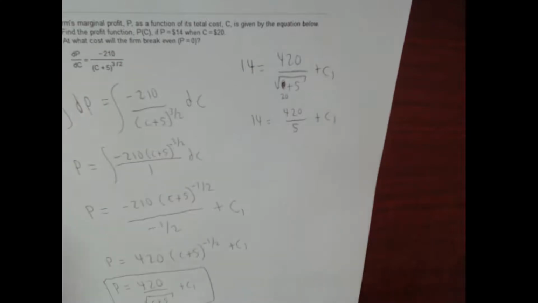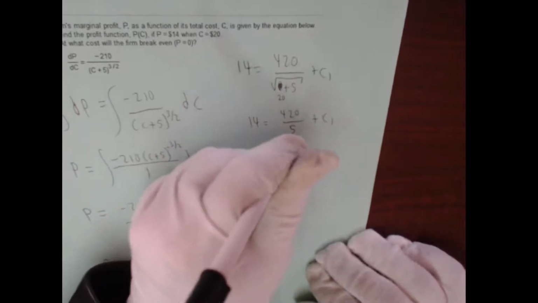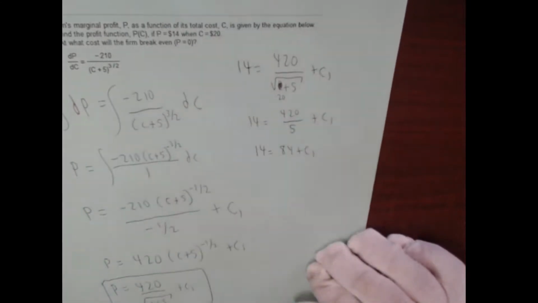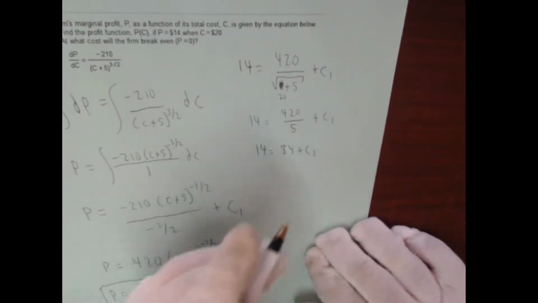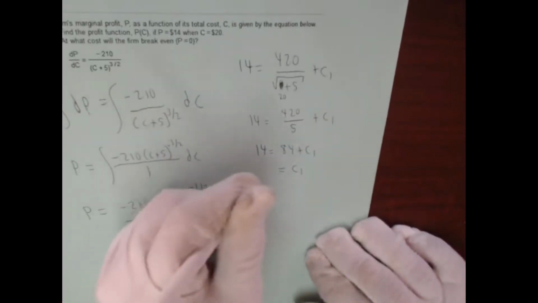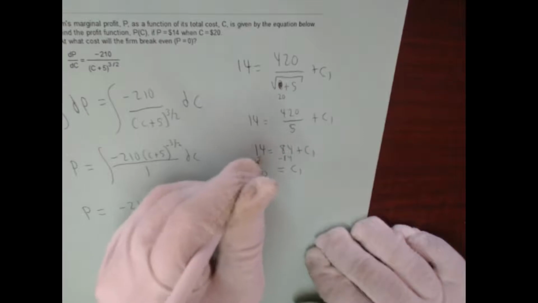So that's going to be 420 divided by 5, which is 84. Okay, so again, that's 20 plus 5 is 25. The square root of that became 5. So we'll get that my constant is equal to negative 70 when I do minus 84 and minus 84.